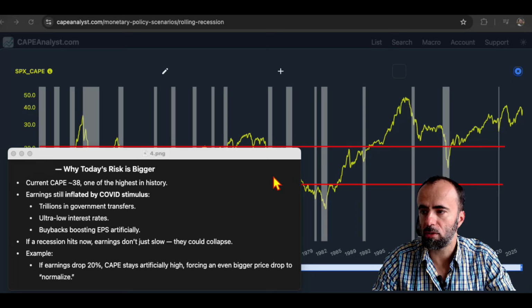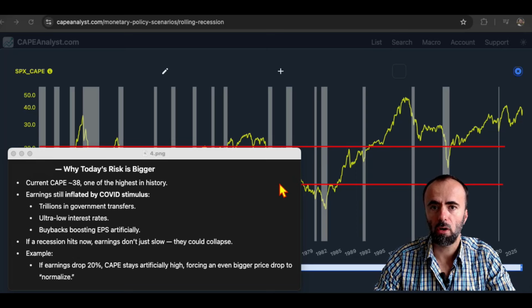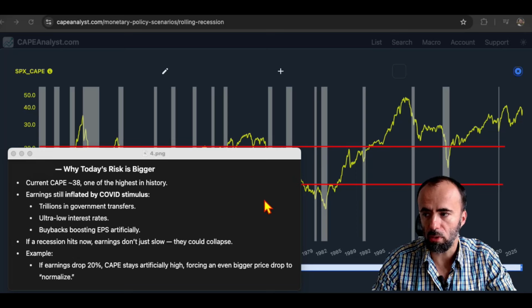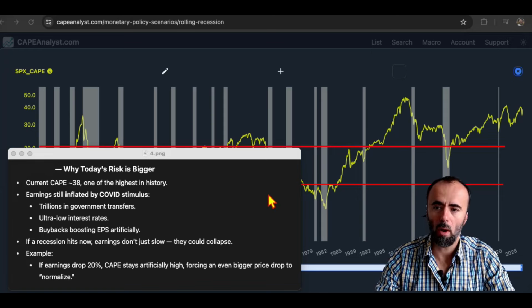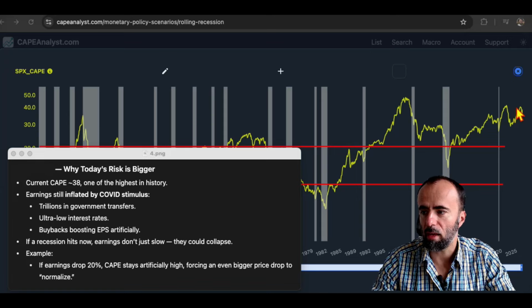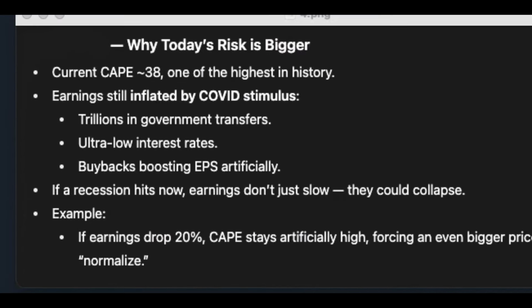So should today's risk be considered higher risk? Number one, of course, the CAPE is extremely high at 38. It is not as high as in 2000, but if you look at number two, earnings are still inflated by COVID stimulus.